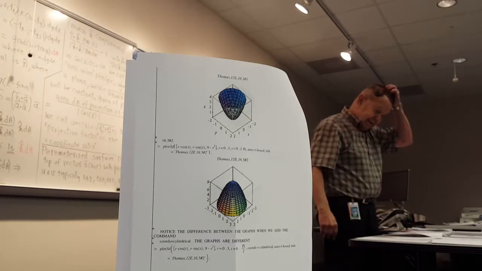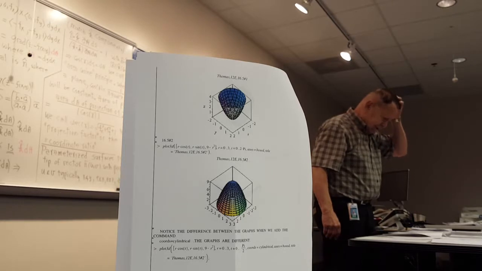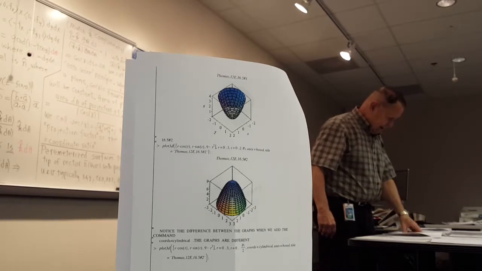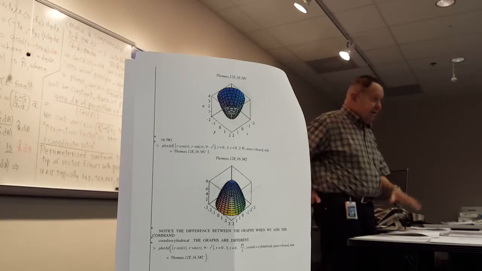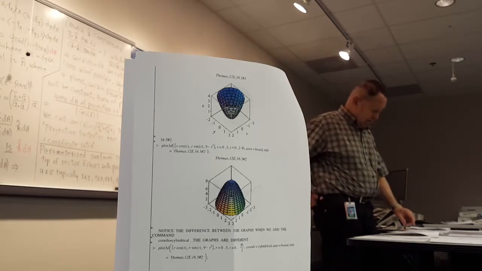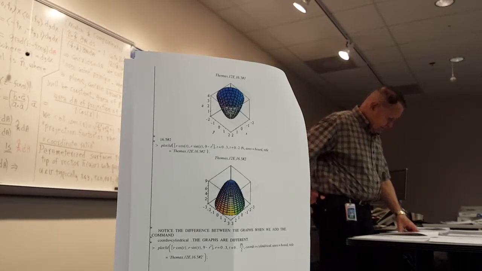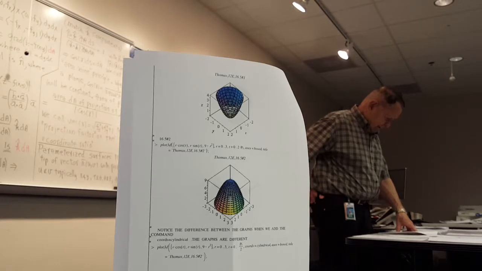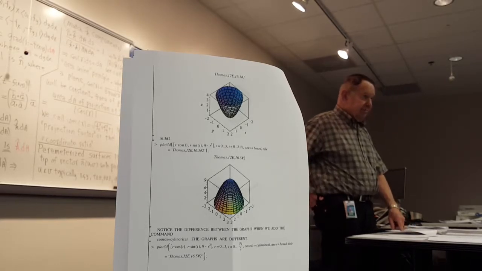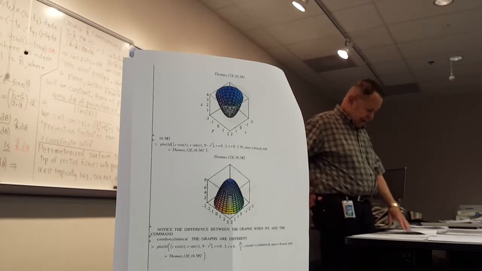You get, if you have done this problem as intended, using your vector as a Cartesian vector, r cosine t for x, r sine t for y, and 9 minus r square, you see the picture, the paraboloid opening downward.